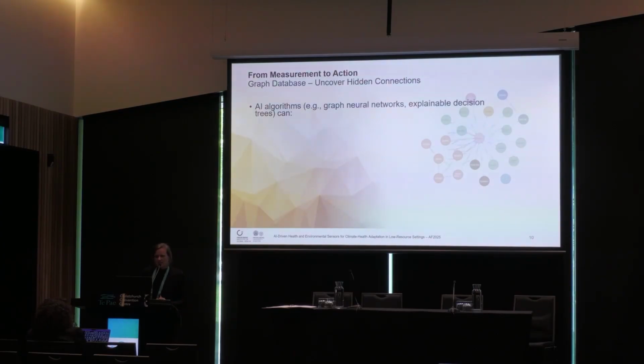Essentially, the idea of the graph database is also allowing us to uncover hidden connections, because typically in science we first ask the question. A research question typically reflects what we know of the world, and then we try to find out, is it true or not? But with the graph database, since we have so much data, we're coming from the other end. So we are exploring and uncovering hidden connections.